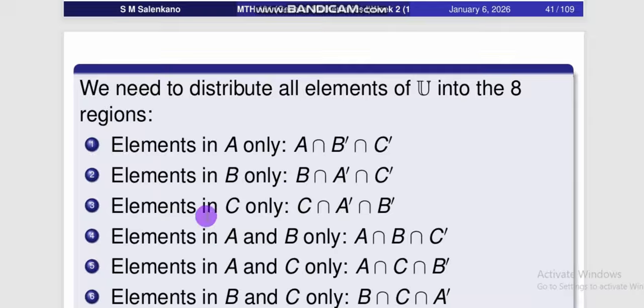What are we going to do now? We need to distribute all elements of the universal set, or the 15 elements given, into the 8 regions, right?